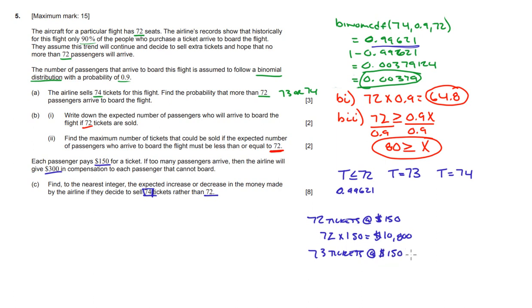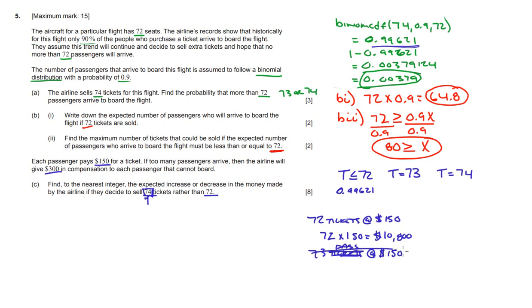150, right? And then we're going to multiply. So if we do 73 tickets at 150, we actually are going to sell 74 on all of these, right? So if we end up with 73 passengers showing up, what's going to happen?